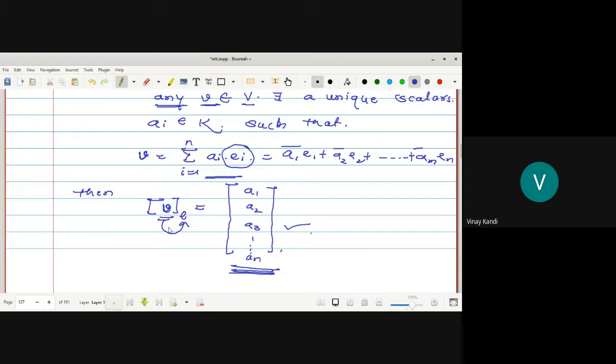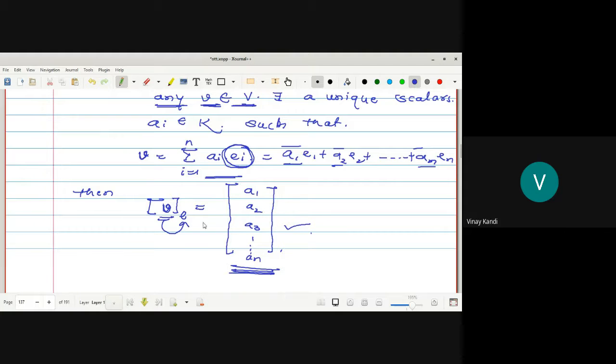Okay, so any vector V belonging to capital V, we can write in the form of a linear combination of the vectors Ei, that is E1, E2 up to En, and take all the coefficients in one column vector, and that vector is nothing but the coordinate vector.